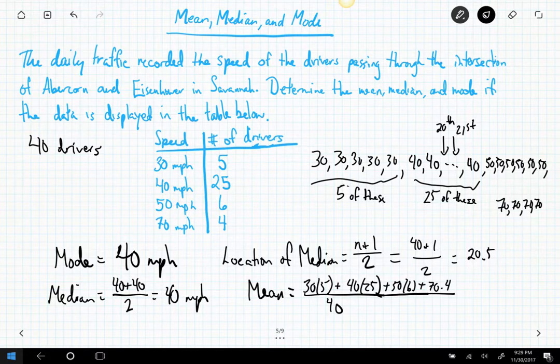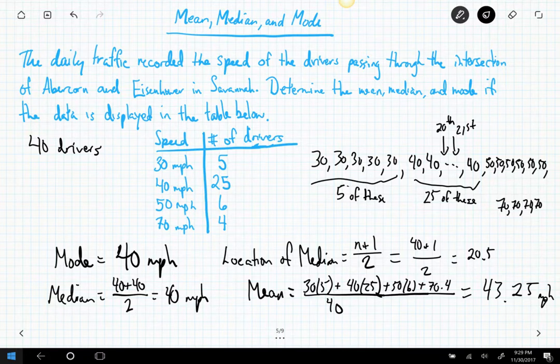And so when you divide all this by 40, you get an answer of 43.35. And this should be, by the way, miles per hour. So now we kind of have all those pieces in place.